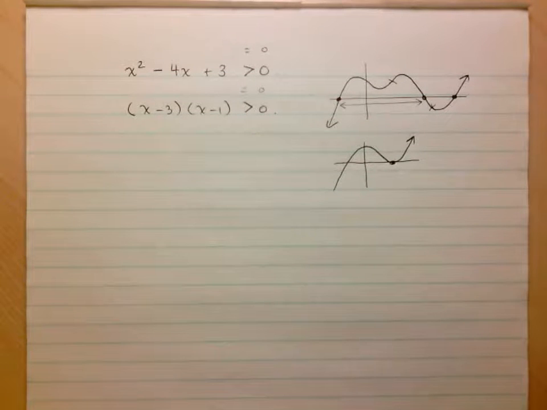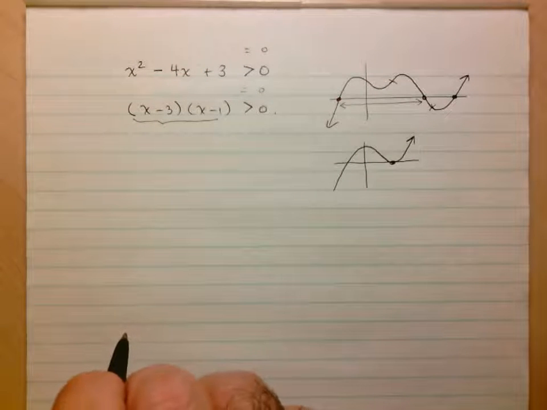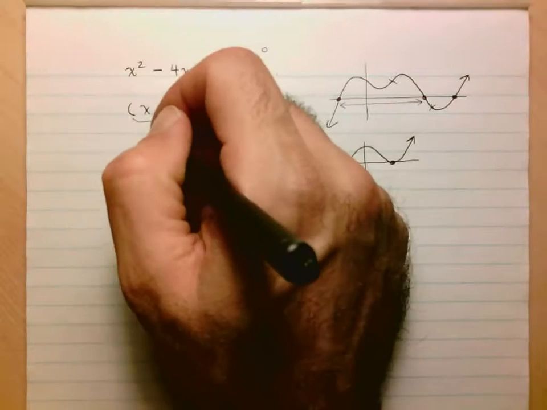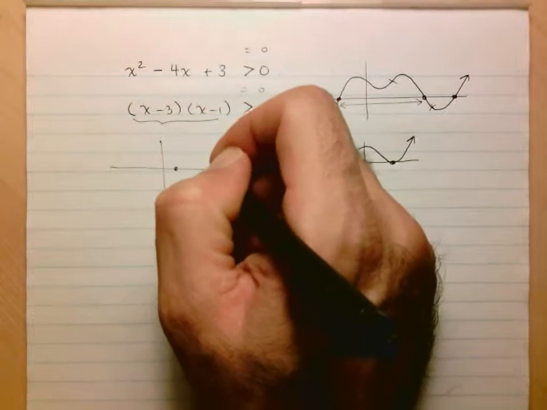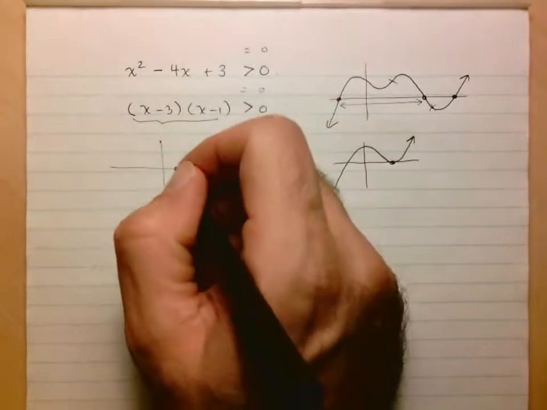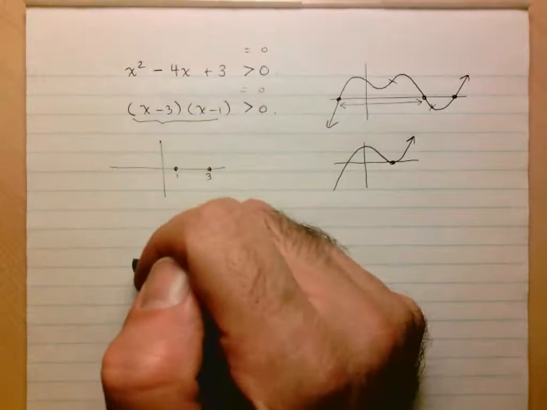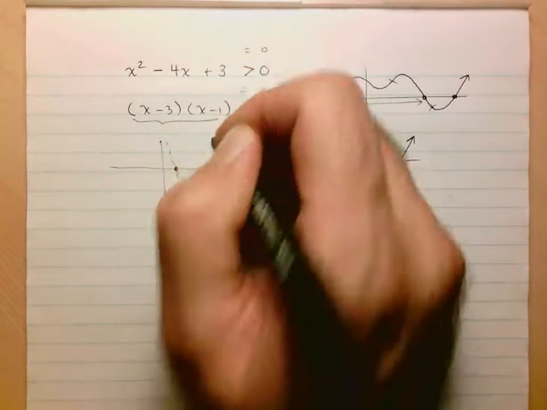So let's take a look at this example here. Let's think of (x - 3)(x - 1) as a parabola. If I draw a quick sketch, I know it crosses the x-axis at 1 and at 3, and it's an upward-facing parabola because the leading coefficient is positive.